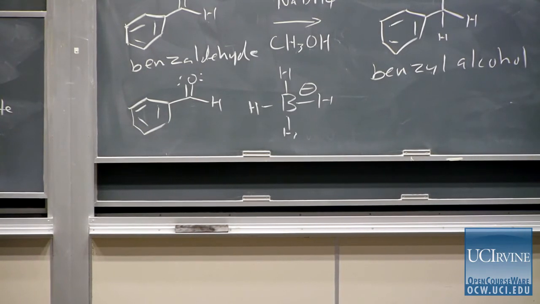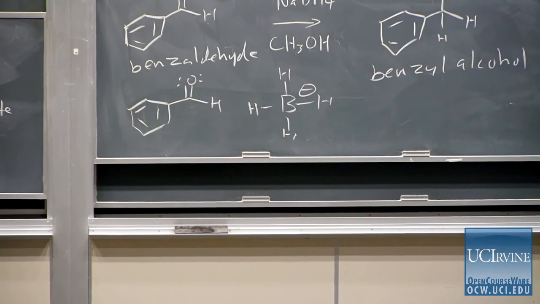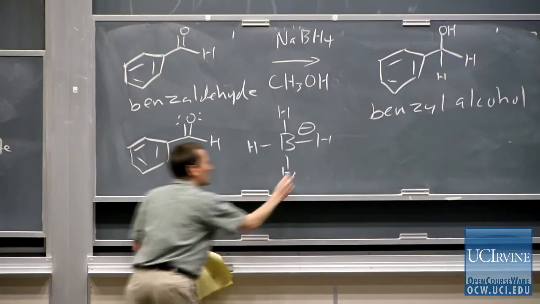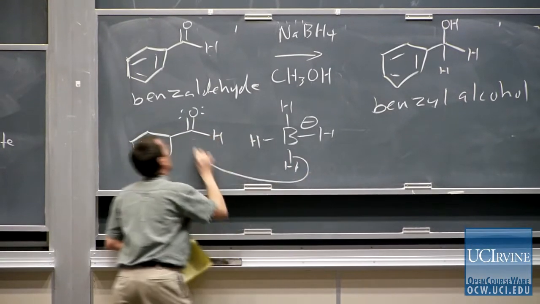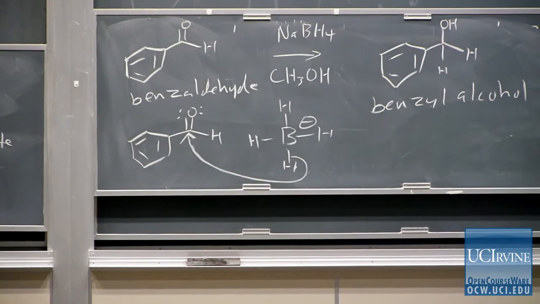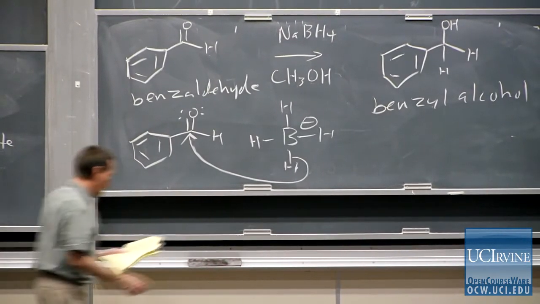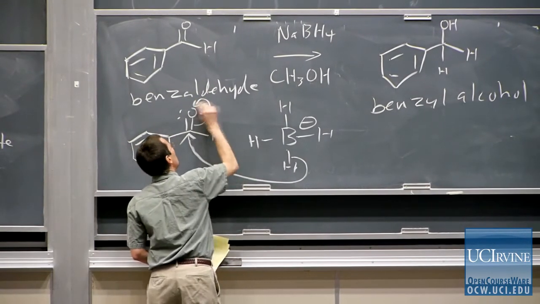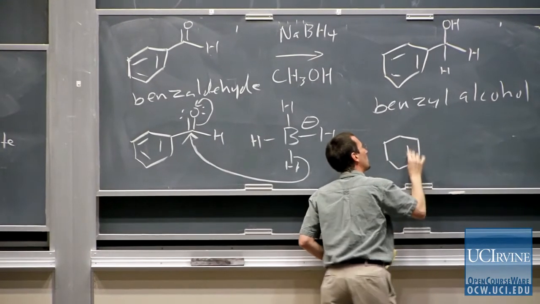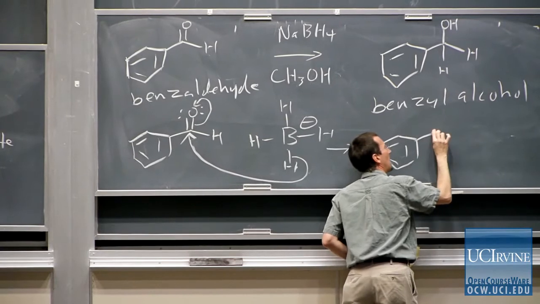It's a polar covalent bond with more electron density on the hydrogen. And so borohydride anion can transfer hydride, adding it as a nucleophile to the carbonyl group. And again, we pick up our electrons onto oxygen.